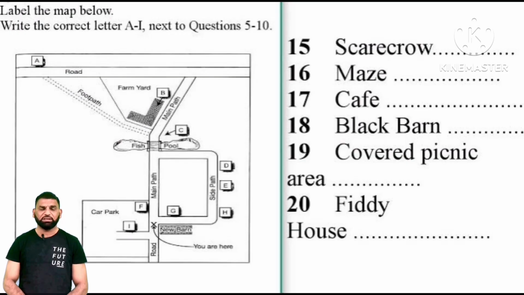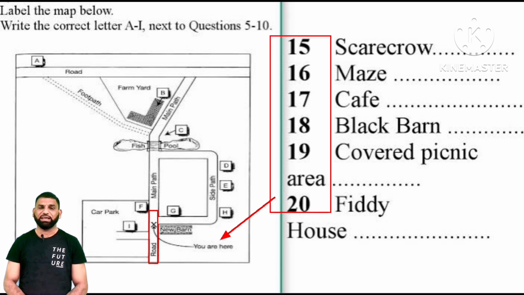Our today's map is the Fiddy Working Heritage Farm. In this map, you can see that near the road on the main path, there is a cross given and it is written "you are here." So it means the audio related to the questions will start from here. This is a very important point of the IELTS listening map, when it is given that you are here.